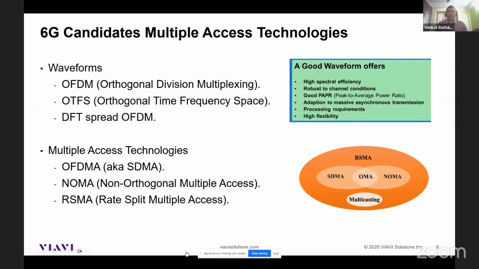So what are the 6G candidate multiple access technologies? What is the industry excited about? What are they guessing and speculating? At this stage, we can't rule out OFDM continuing into 6G. It's a great technology that has provided good access so far in 4G and 5G, and it's a potential candidate for 6G as well.